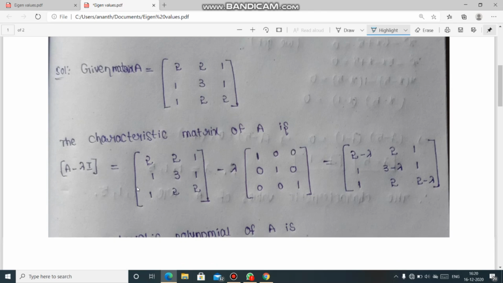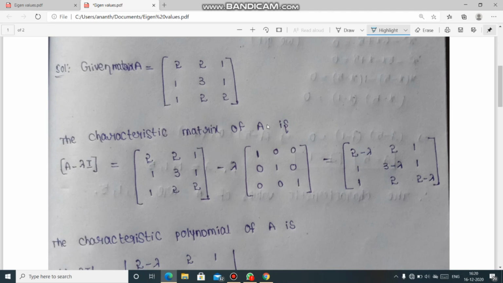First, the characteristic matrix of A is A minus lambda I. That is equal to the matrix A, [2 2 1; 1 3 1; 1 2 2], minus lambda times the unit matrix of order 3, [1 0 0; 0 1 0; 0 0 1].